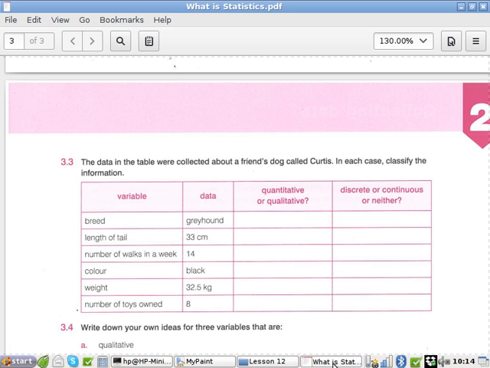You finished them? Okay, nearly finished? Not yet. You're finished, Medina? Did you study this in your finance degree? No. These words in Chinese, of course, continuous and discrete and quantitative and qualitative.